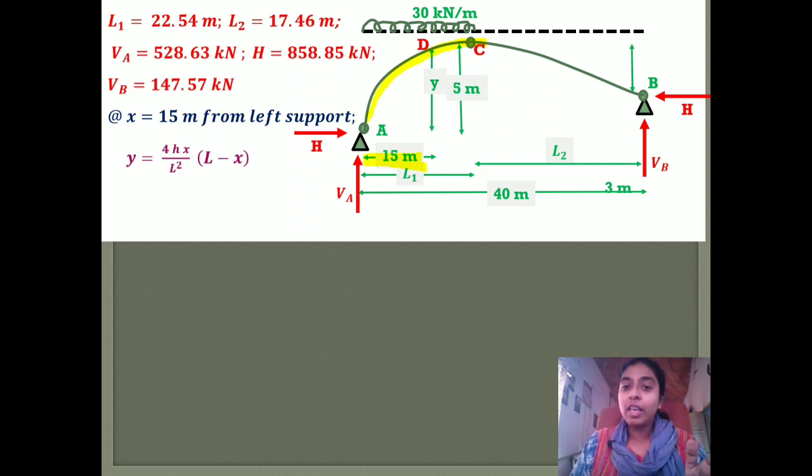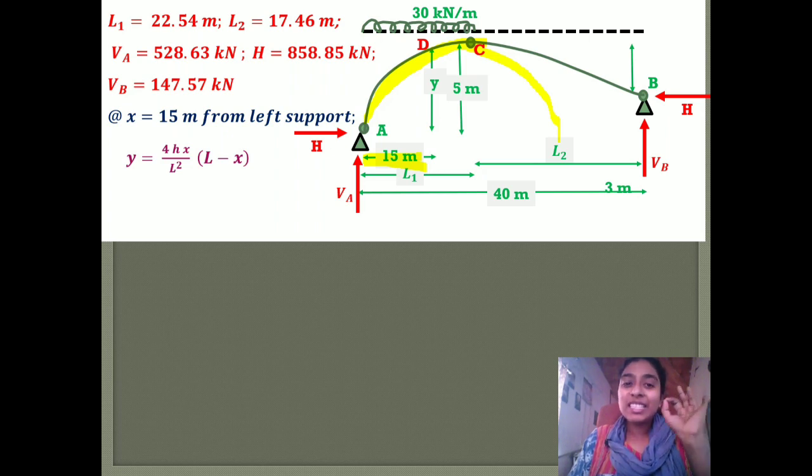So we will extend this parabola to the support at the same level. So this will be our parabolic arch. If the arch is a parabolic supported at the same level, this will be the shape of our parabola.